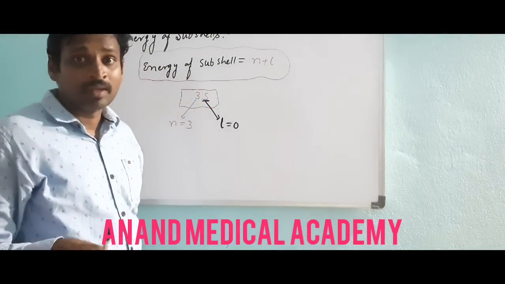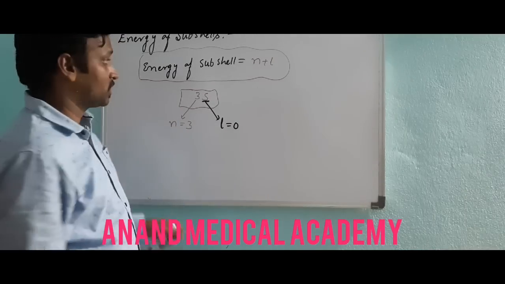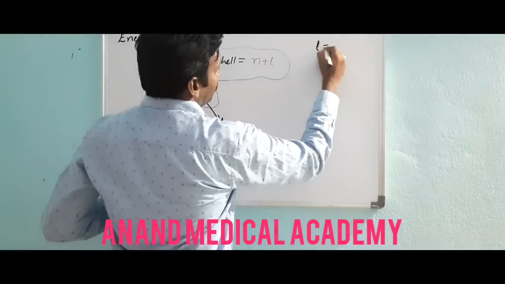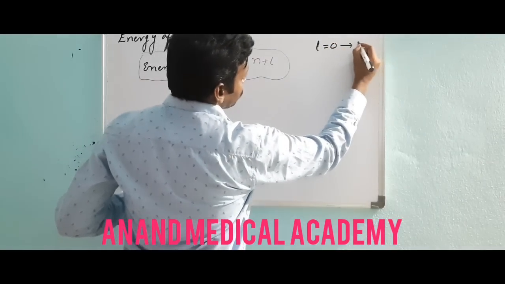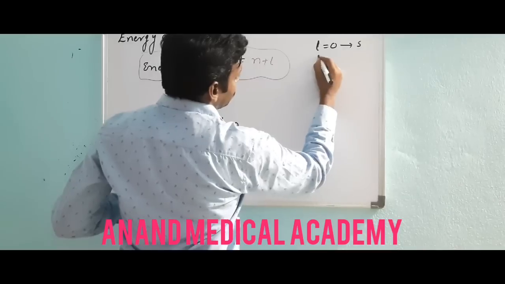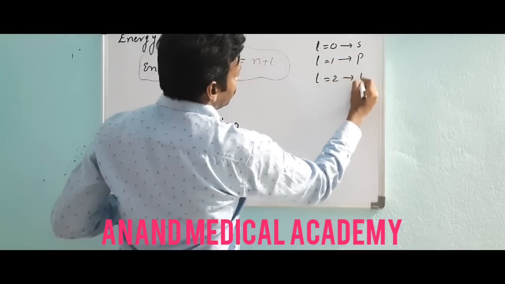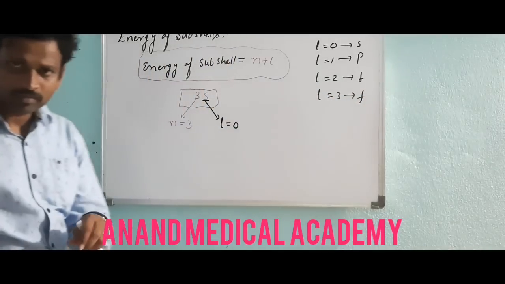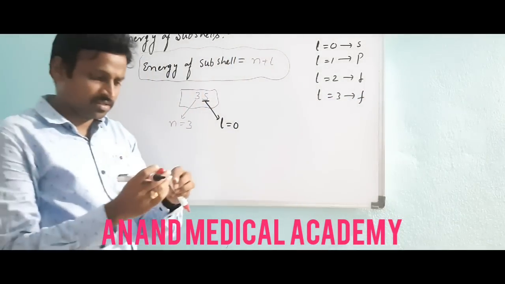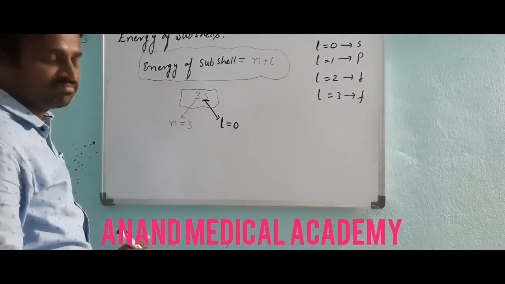I told you very clearly, 0, 1, 2, 3: l equals 0 is s, l equals 1 is p, l equals 2 is d, l equals 3 is f. These are the subshells present in a shell.